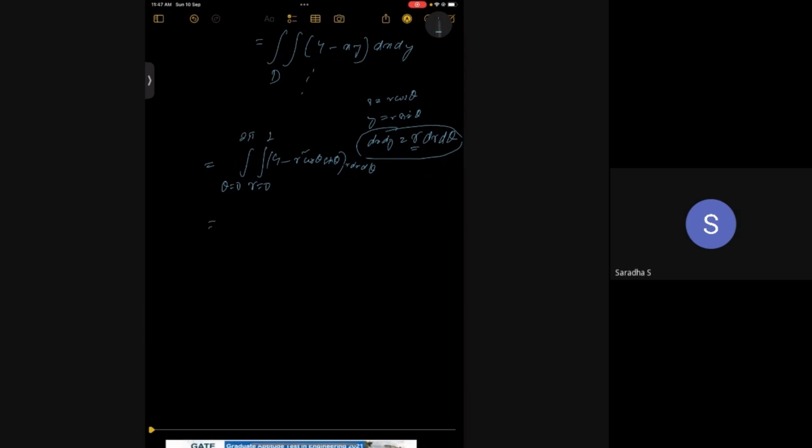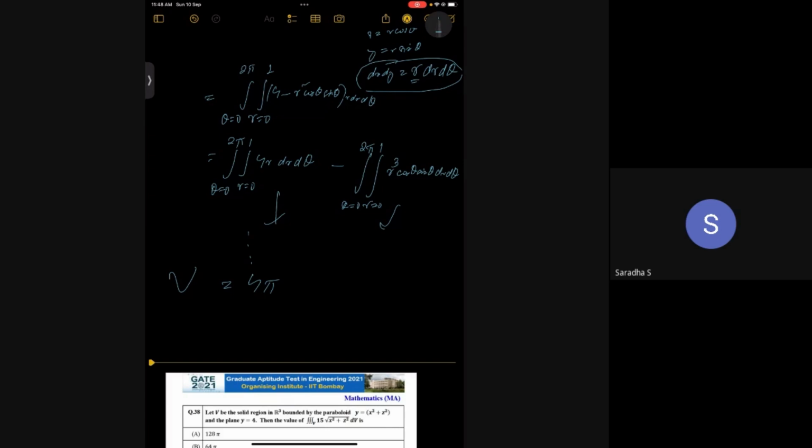Again, it's a very easy double integral. We just separate them like this. Double integral of 4r dr d theta, r going from 0 to 1, theta going from 0 to twice pi, and minus double integral of, I think, r cubed cos theta sin theta dr d theta, r going from 0 to 1, theta going from 0 to twice pi. These are very easy to compute. It's a very routine computation task, and the answer we'll get is 4 pi.